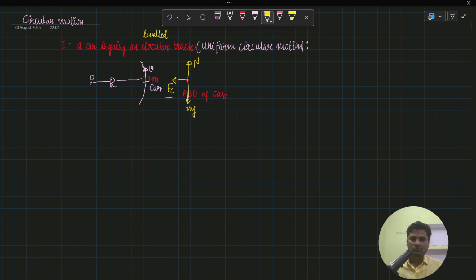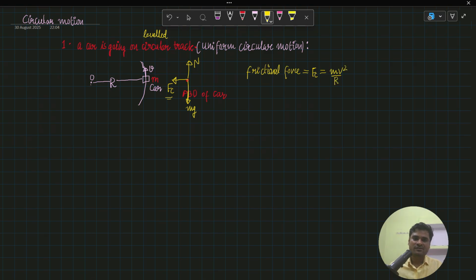And we know that our road is rough. A road will be always rough, so we can say that this centripetal force can only be supplied by a frictional force. So the frictional force must be equal to the centripetal force Fc, and its value should be mv square by r.